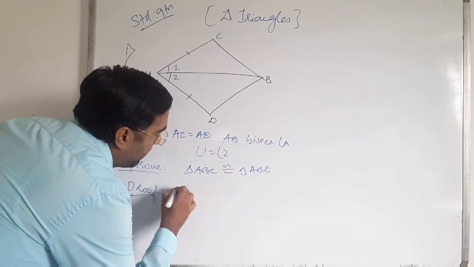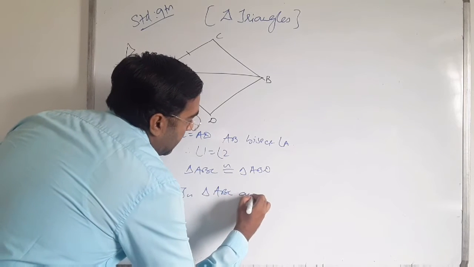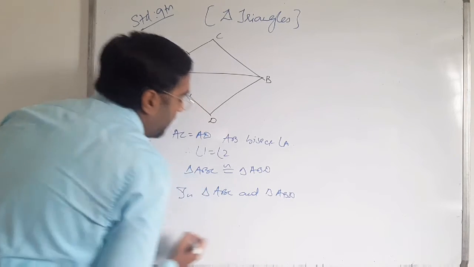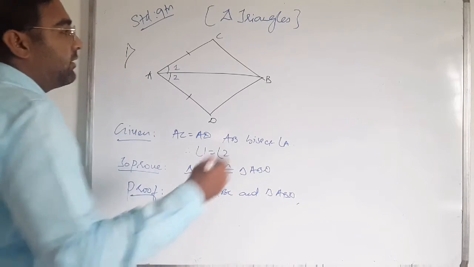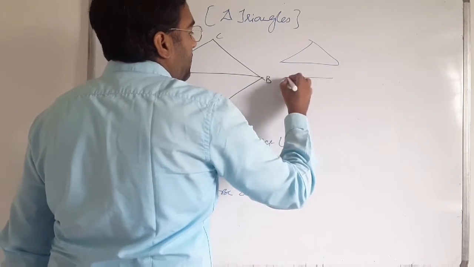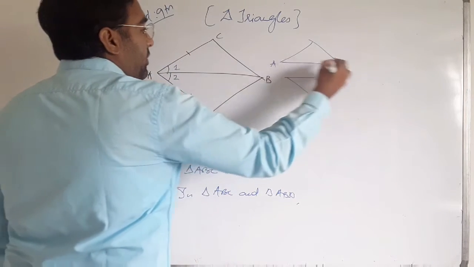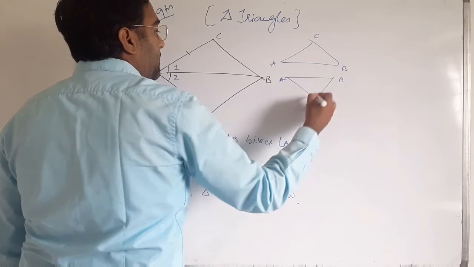So in triangle ABC and triangle ABD, I split these two triangles to understand better.